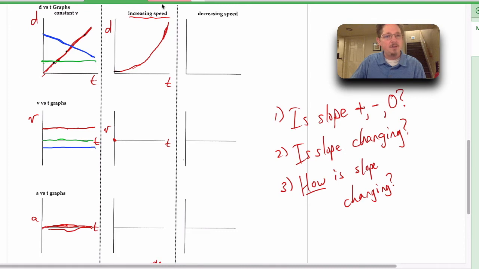And where I have a steep slope, that means, well, I have a steep positive slope, I have my highest positive velocity then. And all the slopes in between are changing from zero to this steep positive. So my velocities are changing from zero velocity, going up at a steady rate to my maximum positive here.